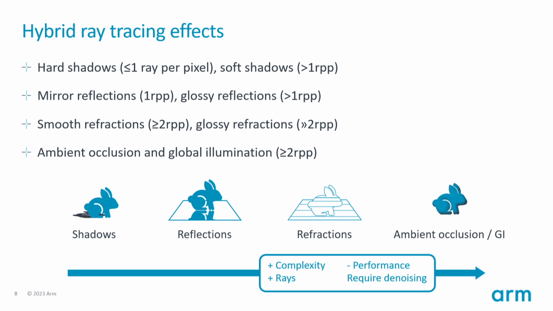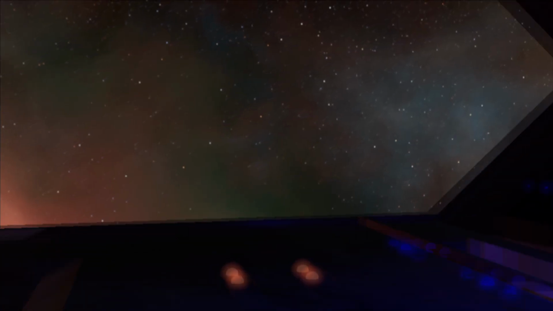We can sometimes get a good quality result with fewer rays by using a ray denoiser, but today I will only focus on the effects which can achieve a noise-free result with just 1 or 2 rays per pixel. So I will talk about hard shadow, mirror reflection, and smooth refraction. To demonstrate this, I have prepared a video showing a scene we used internally to experiment. So we can see the video.